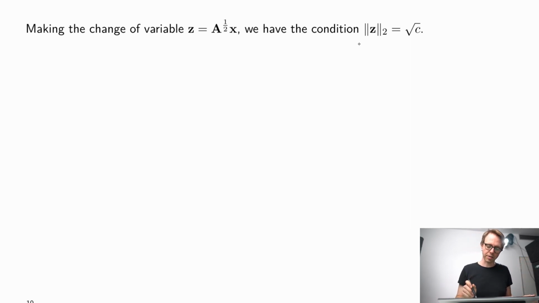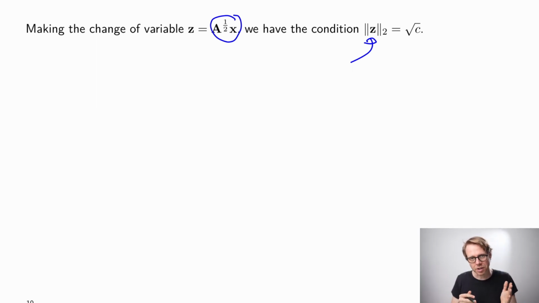We additionally have this condition, because we're interested in the level set of this function, that the L2 norm of z, so of A to the 1/2 of x, is the square root of c. Remember, x transpose A x equals c.